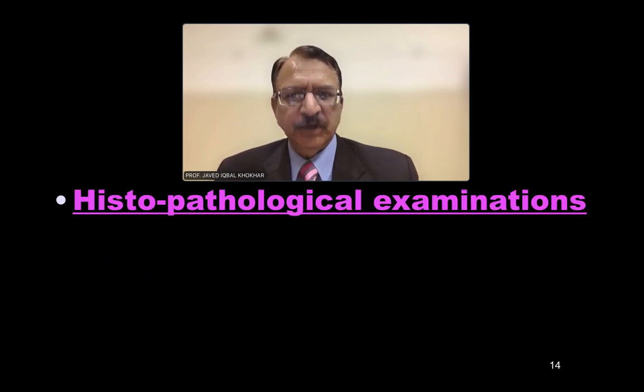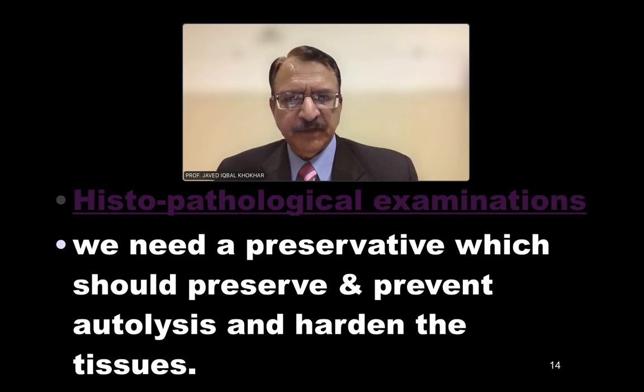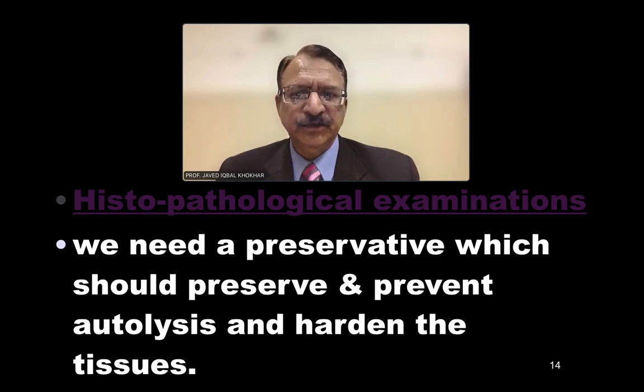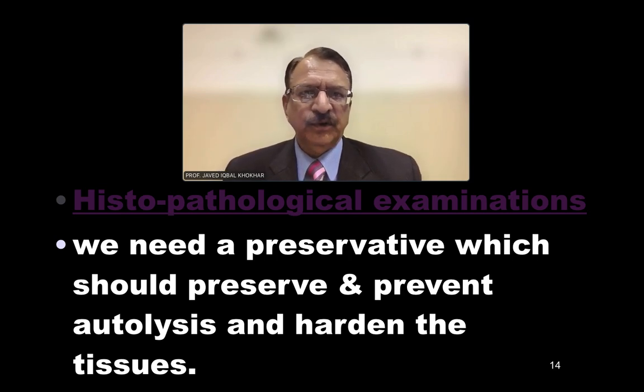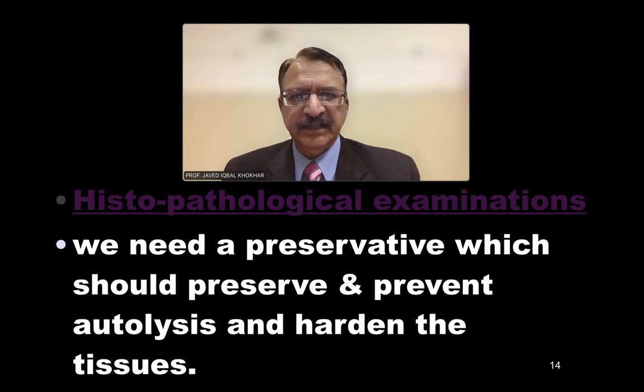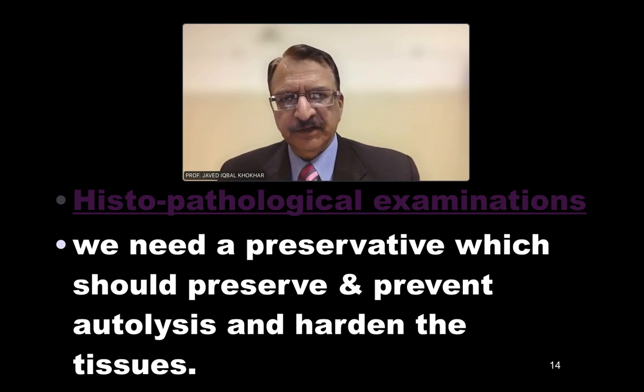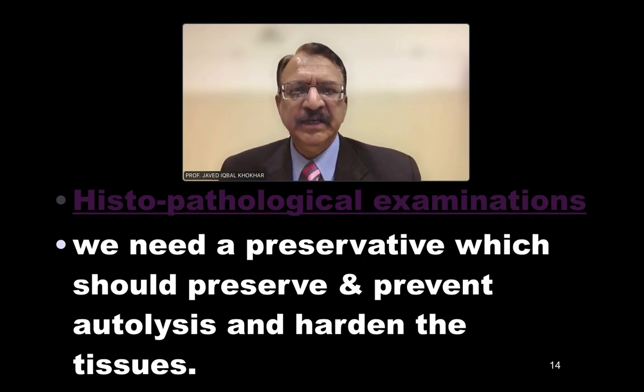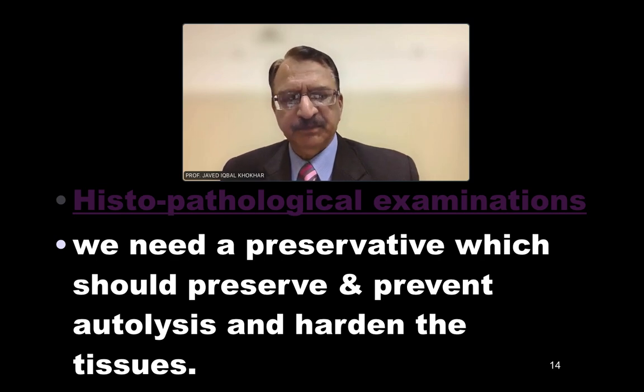For histopathological specimens, we need a preservative which should preserve the specimen and prevent the autolysis. Likewise, simultaneously, it should harden the tissues so that later on in the lab, when they cut the slices for histopathological examination, it should be ready for the purpose.